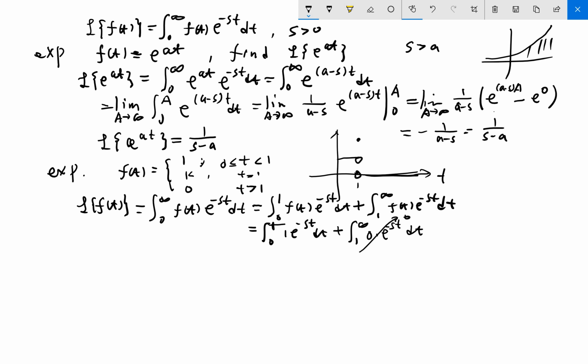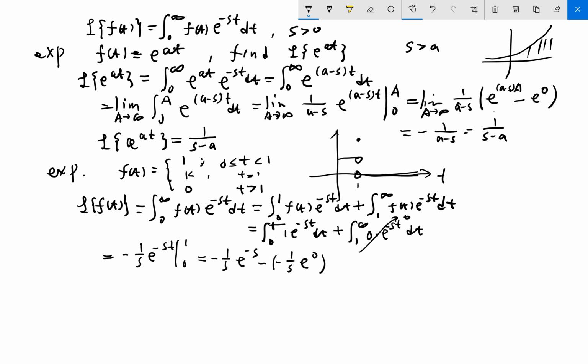So this one here is equal to negative 1 over s times e to the negative st. You know how to integrate this one. Then evaluate from 0 to 1. Replace t by 1, you get negative 1 over s times e to the negative s, then minus negative 1 over s times e to the 0, replacing t by 0.